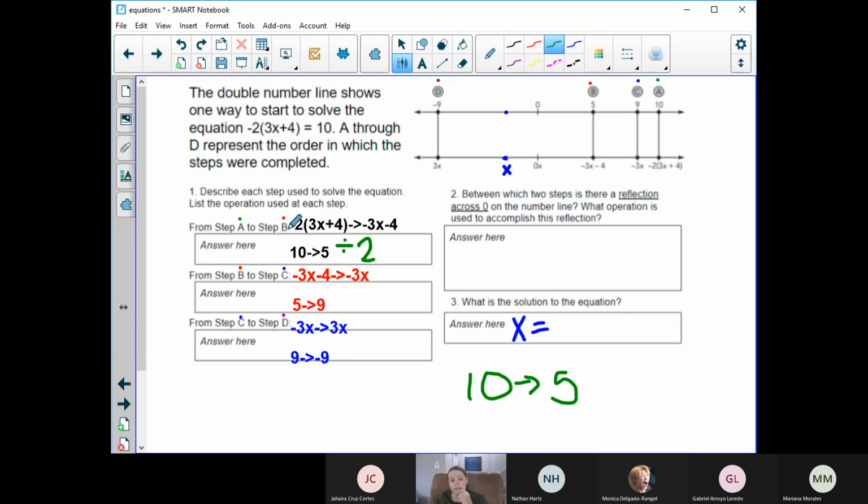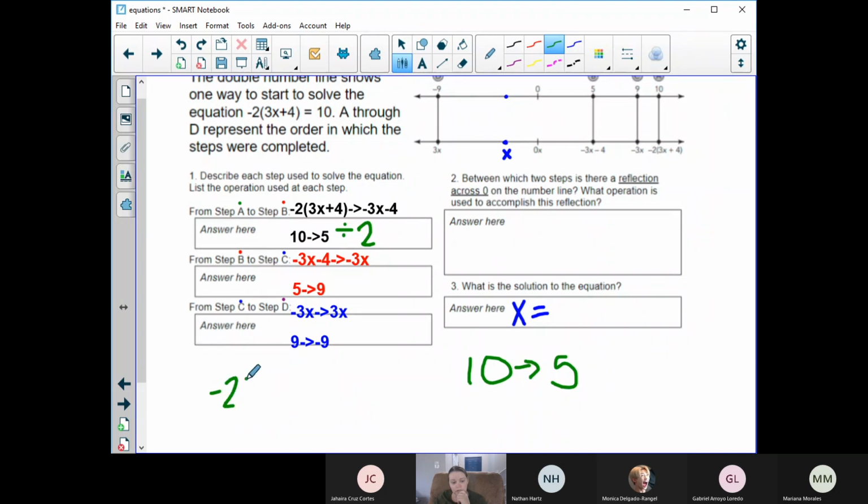The other thing I want you to notice is that when they divided by 2 on this -2 times 3x plus 4, if I divide that by 2, I'm left with -3x plus 4, because we didn't divide by -2, just by 2. And what they did is took this negative and distribute it into the parentheses. That's how we got the -3x minus 4.